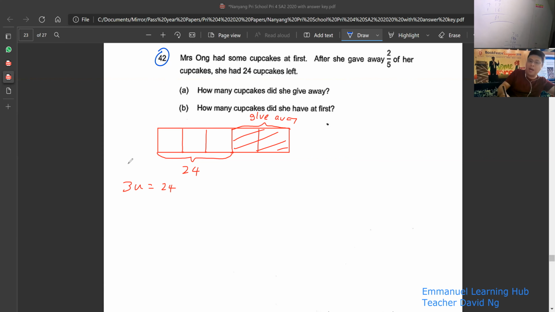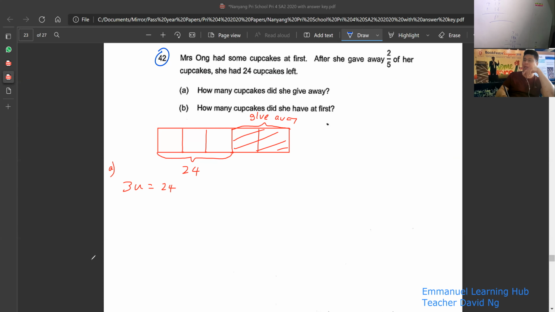Okay, 3 units is 24. You find how many units first? How must you do? Divide.